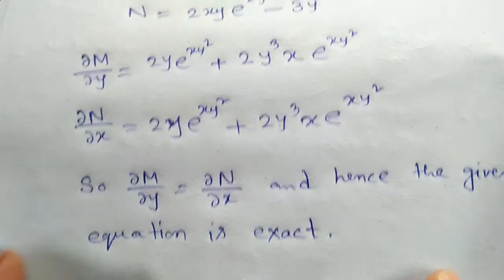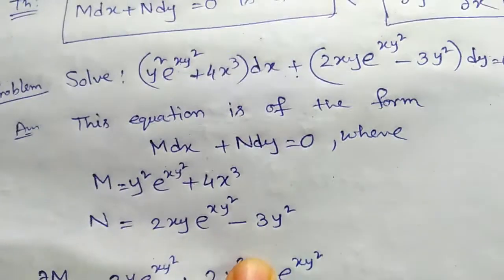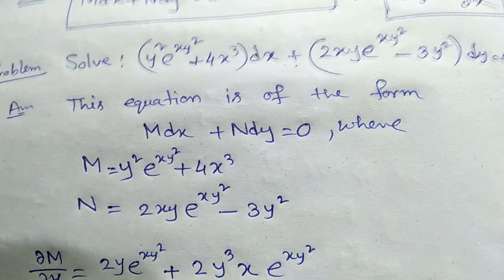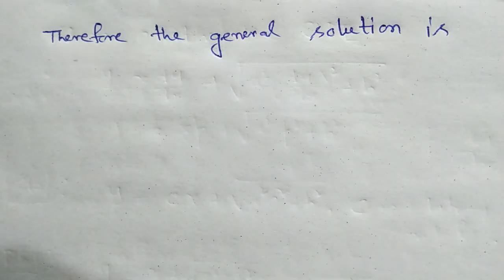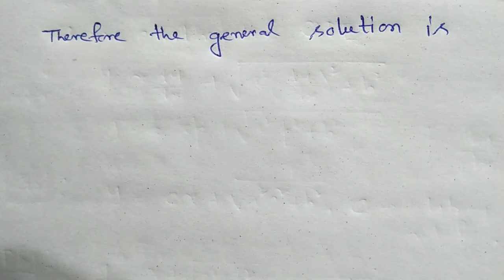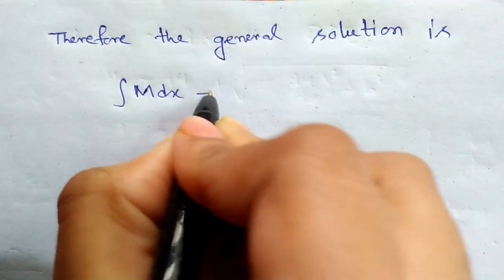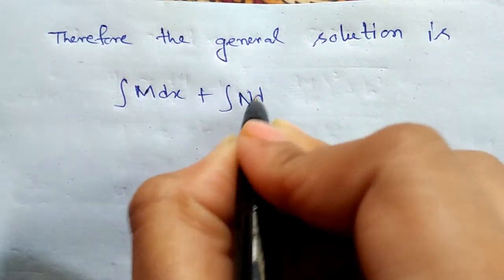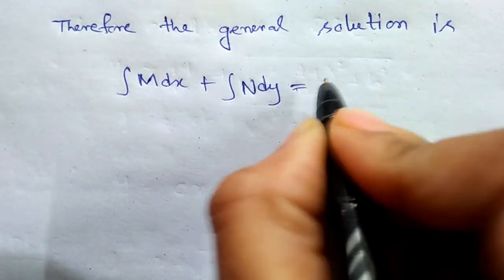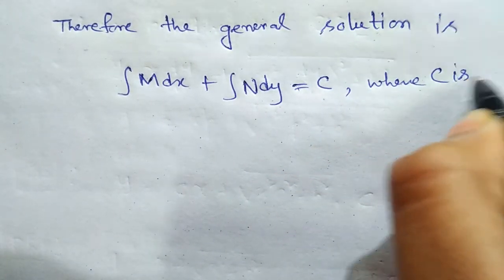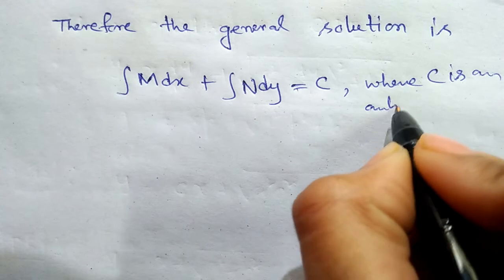Since the given ODE is exact, now we are to solve it. Therefore, the general solution of this equation is integration of M dx plus integration of N dy equal to c, where c is an arbitrary constant.